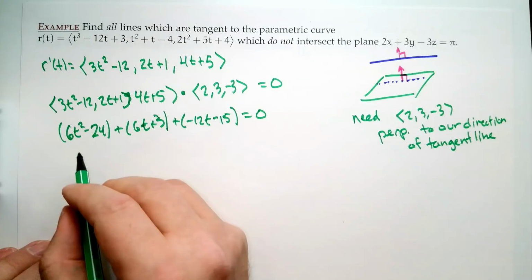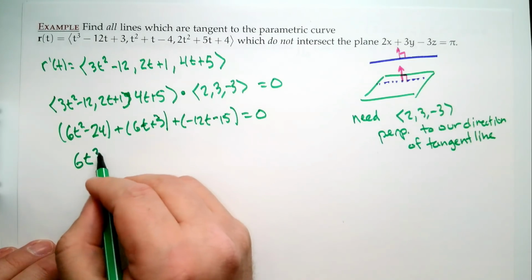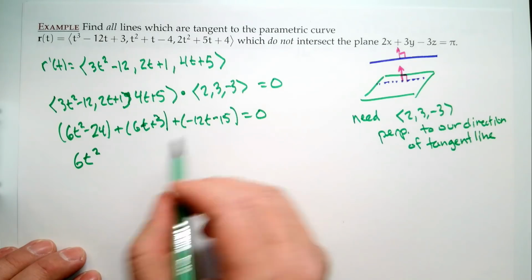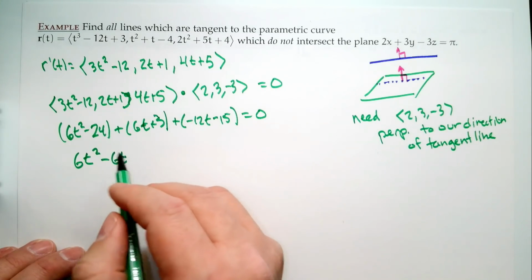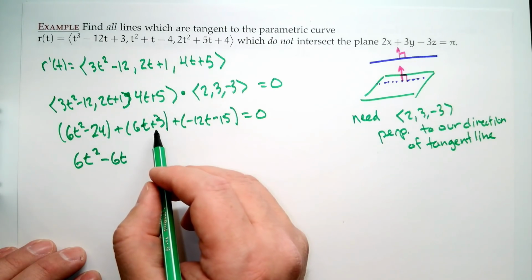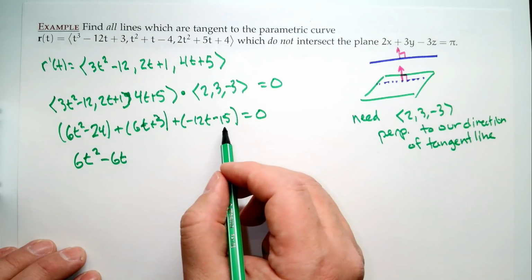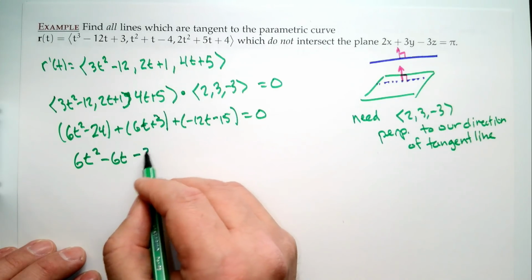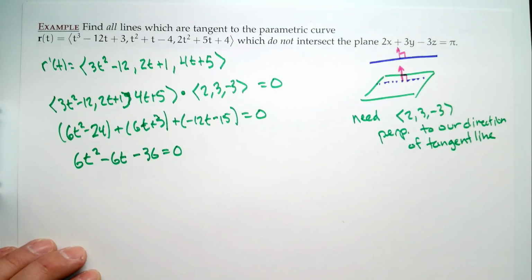Well, let's see. So that's 6t squared. There's a 6t minus 12t, that's minus 6t. Then we have minus 24 plus 3 makes minus 21. Minus 15 more makes minus 36 equals 0. So that has to be true. So we now need to find all the t that do that.